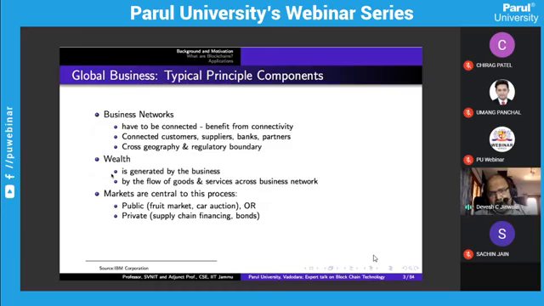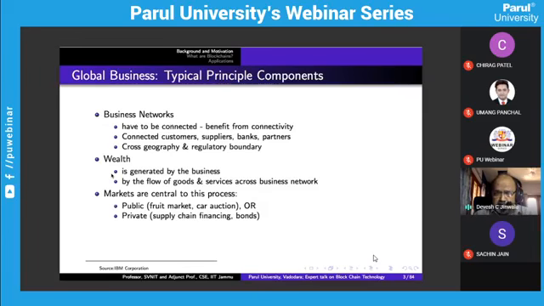Well, in order to understand the need for the blockchain, if you understand the global business environment, these are some of the principal components of a typical global business scenario. You have business networks with the goal to be connected so that we benefit from connectivity. We need to have connected customers, suppliers, banks, partners, and this would not be within one geographical region.